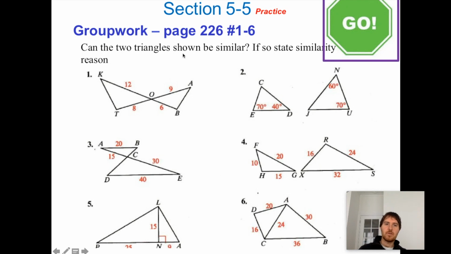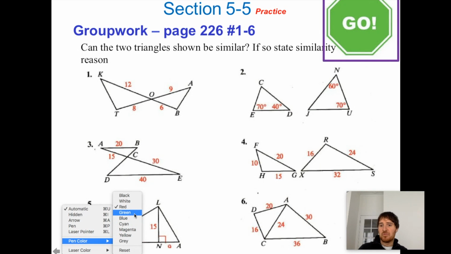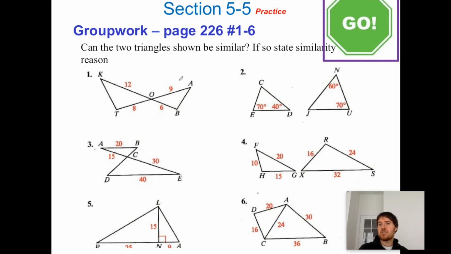All right, let's do this. The key words in these directions say, can you prove them? Is it possible here? With a diagram like this, vertical angles, you can put them in here. And it looks like 9 to 12 is in a 3 to 4 ratio, 6 to 8 is in a 3 to 4 ratio.